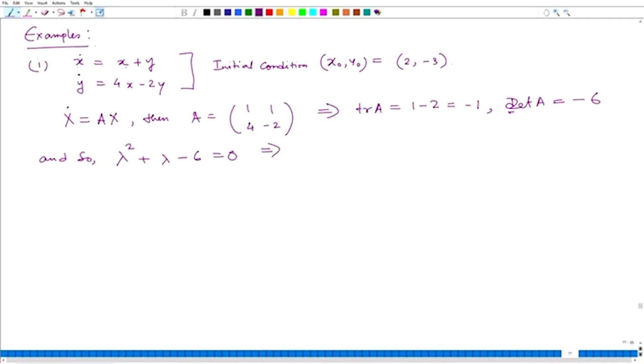From that we can write lambda equal to 2 and minus 3. So, we have the case of distinct roots. We can proceed without problem, because we know that the two eigenvectors V1, V2 will be linearly independent.